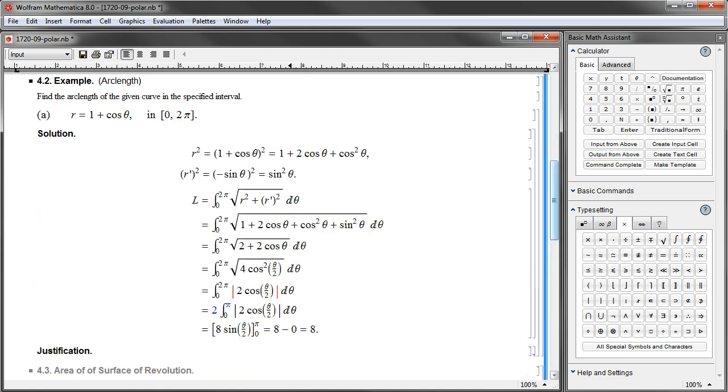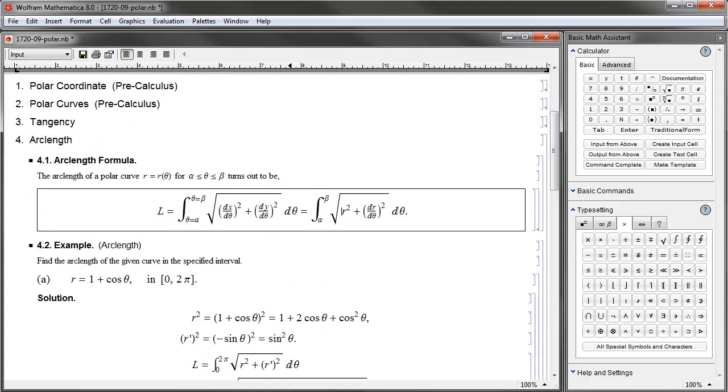Well, here we go. Let's calculate the inside. We can convert everything to a parametric curve and then go from there, but often that is complicated. So let's use this formula, r squared plus r prime squared. r squared is just (1 plus cosine of theta) squared, so by the complete square formula, you're going to get this. r prime squared: take the derivative, we get negative sine of theta, and square it, we have sine squared.